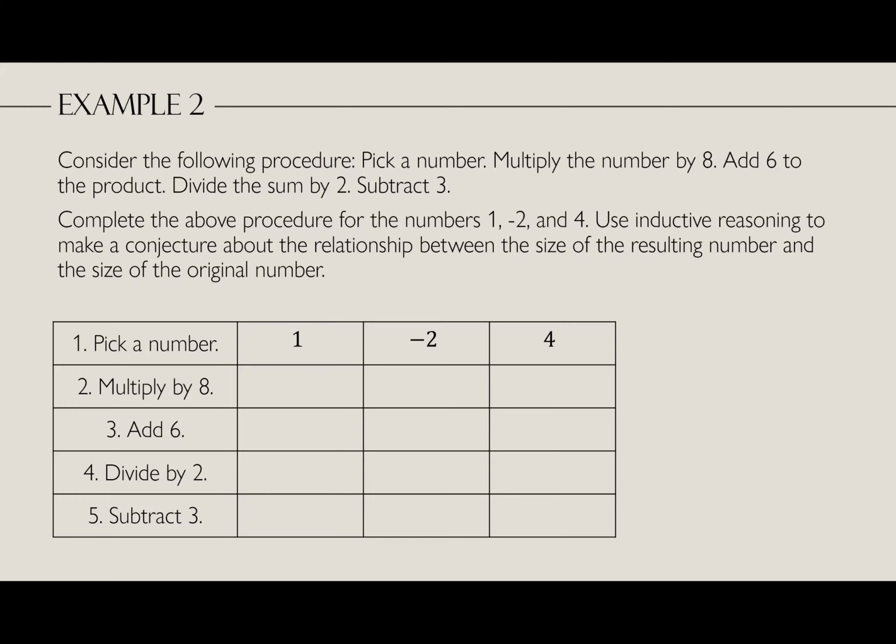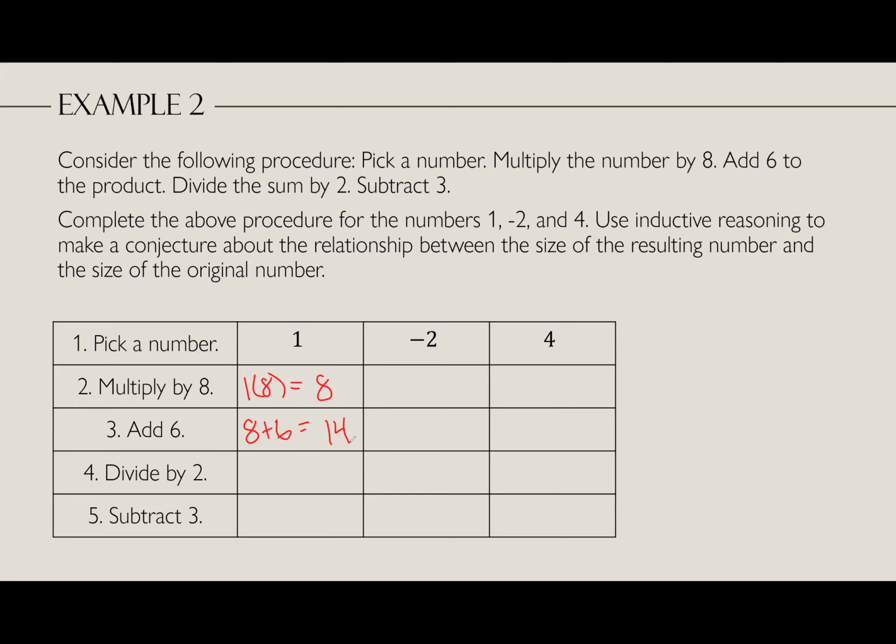Let's start off with the first one, number 1. So for 1, I chose the number 1, and then I'm going to multiply that number by 8. So 1 times 8, I get 8. Step 3, add 6 to the number. So 8 plus 6, we get 14.